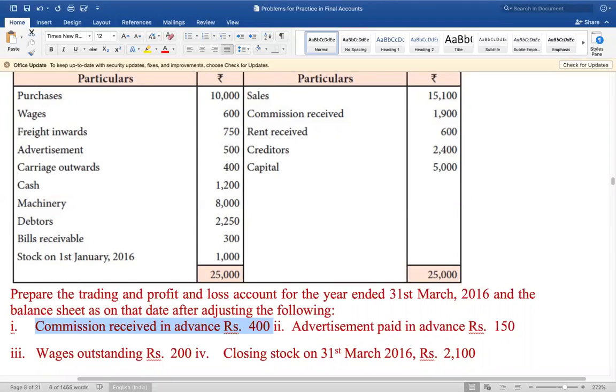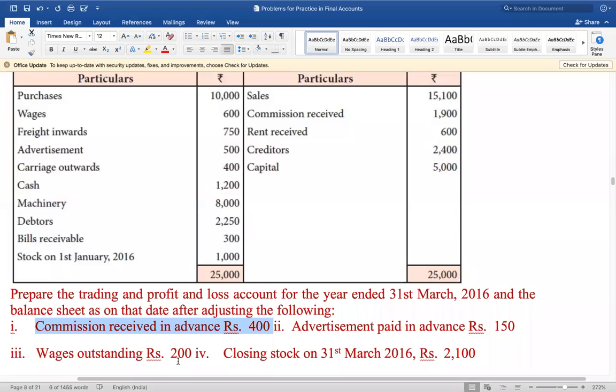Okay, next, wages outstanding. 200. What is the wage amount actually? 600. Add outstanding wages to this 600. So 600 plus 200, it will become 800, right?